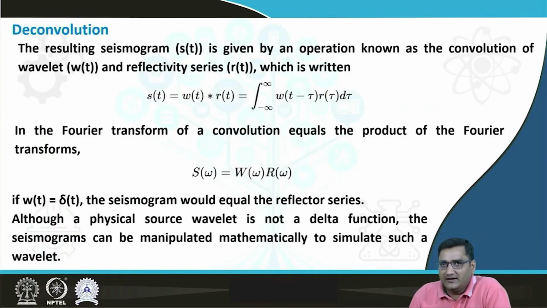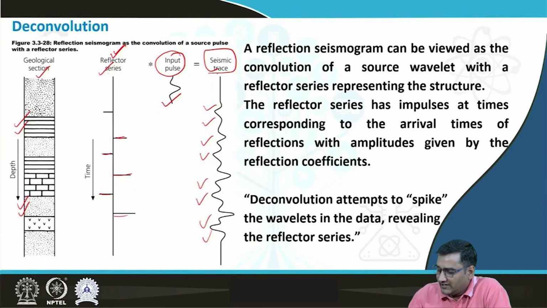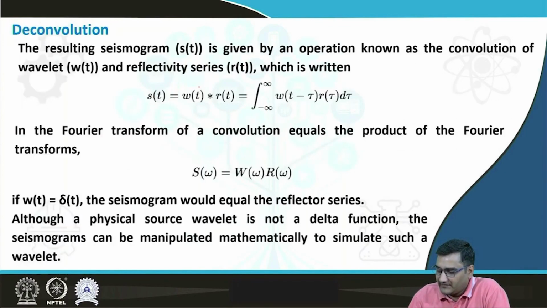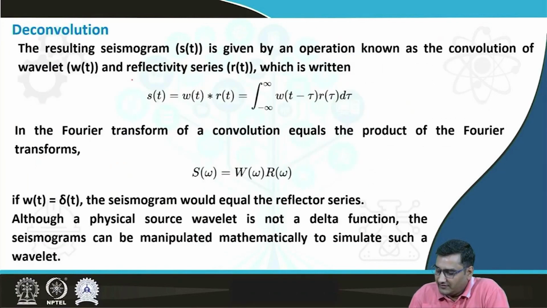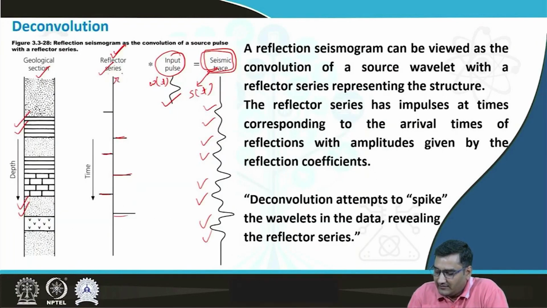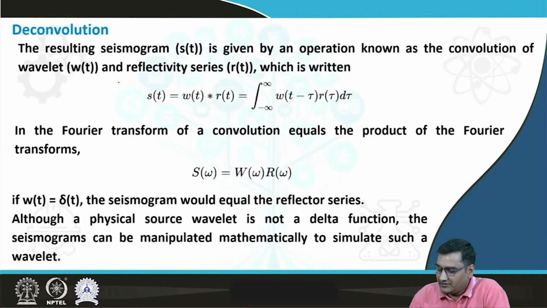The resulting seismogram, or the seismic trace, is represented by S(t), the wavelet by W(t), and the reflecting series by R(t) in the time domain. So S(t), the seismogram, is equal to the convolution of the wavelet and the reflectivity series of the earth.